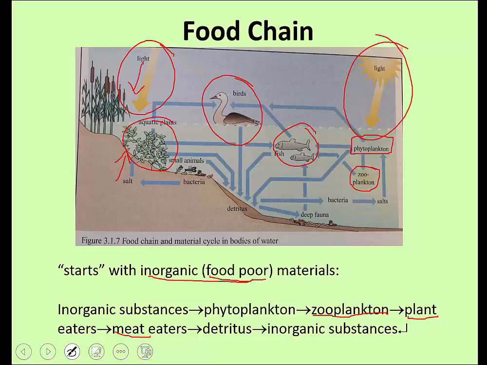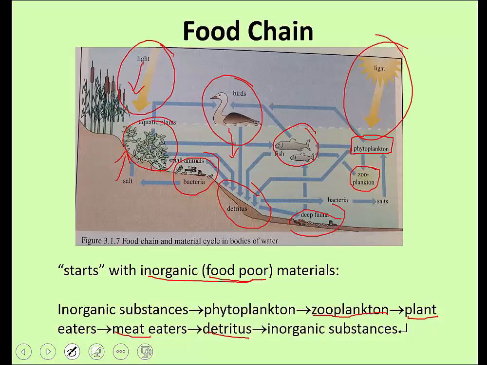Now, how do we then cycle it back? Well, we have to have the detritus. So we have excrement coming from both the plant eaters and the meat eaters. We have the organic material being returned when these die and go back down. So we get a buildup of detritus, and then the bacteria go to work and the deep sea fauna go to work, and they break down this detritus.